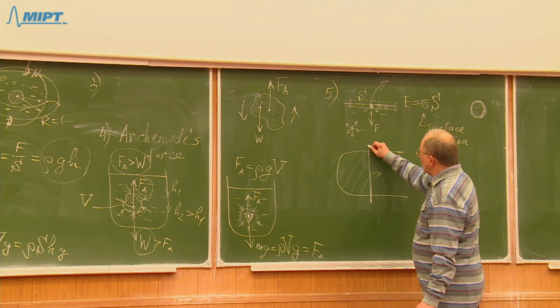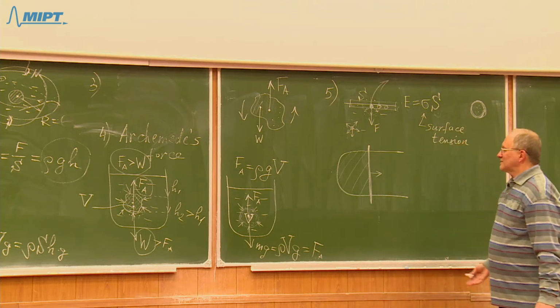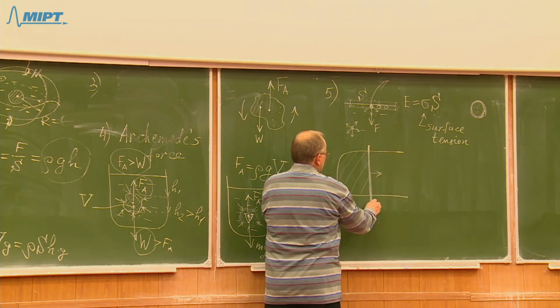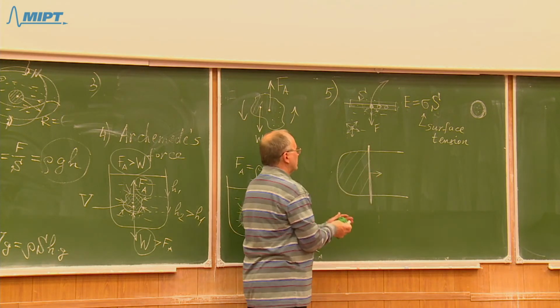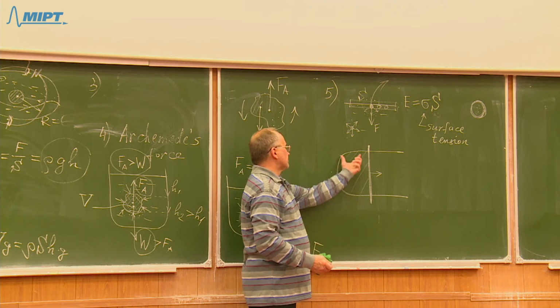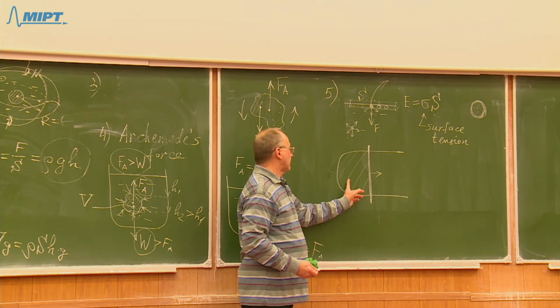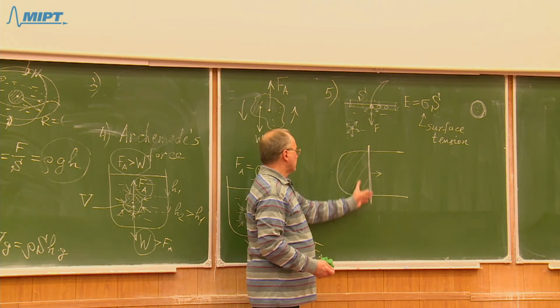If we allow such a device to do what it wants to do, then we will observe that the jumper slides to the left, thus diminishing the area of this thin film of soapy liquid.